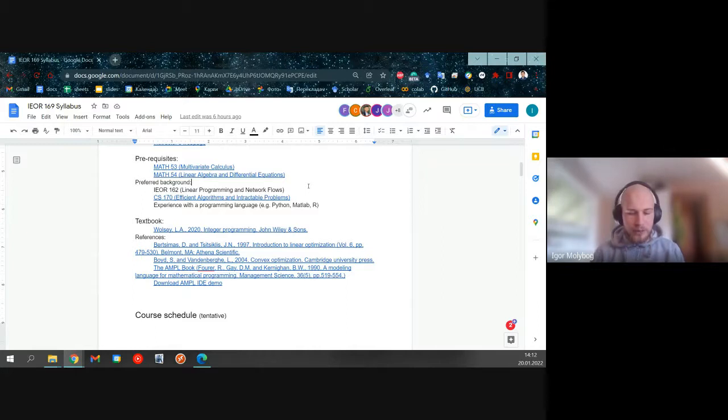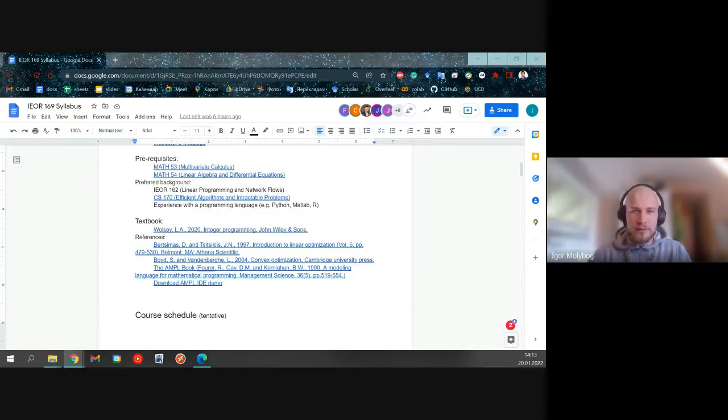We are also going to have some material that has been covered in IOR 162 and CS 170. Basically, it's the principles of linear programming and the principles of theoretical computer science, meaning reducibility and the theory of complexity of computational problems.